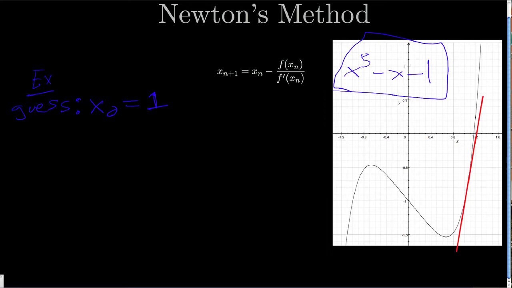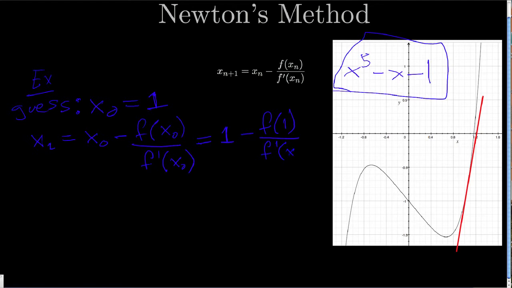So x sub 1 is equal to x sub 0 minus f of x sub 0 over f prime of x sub 0. And this is equal to x sub 0, which is 1, minus f of 1 over f prime of 1.